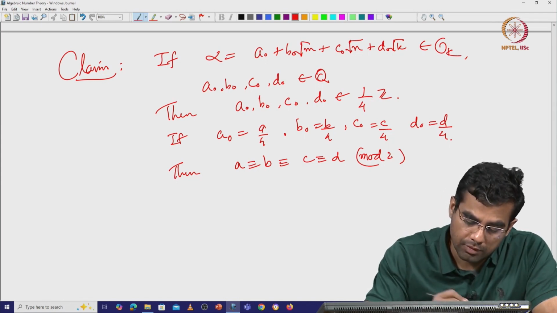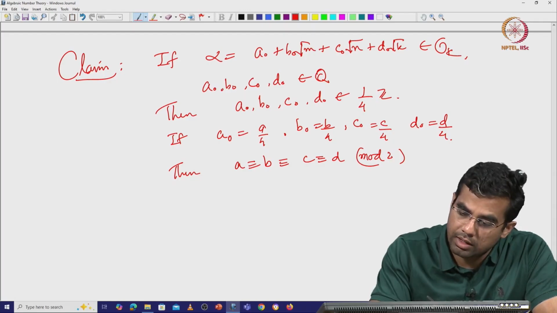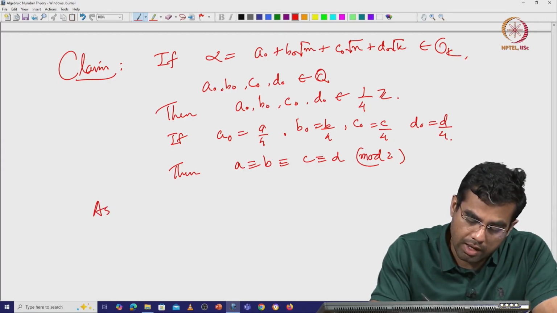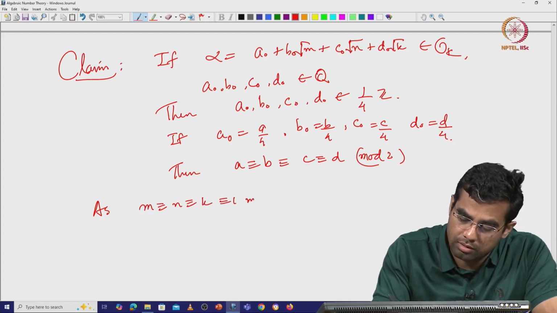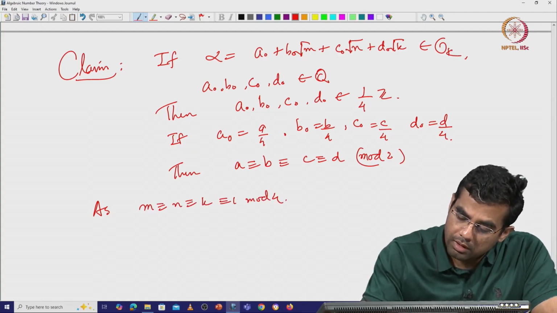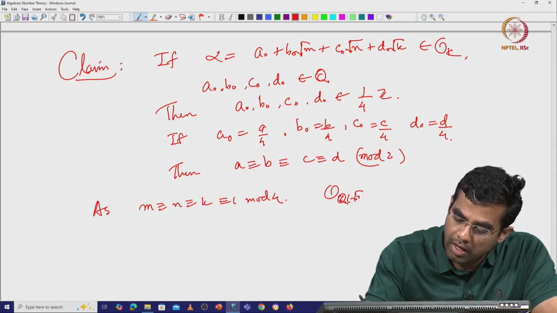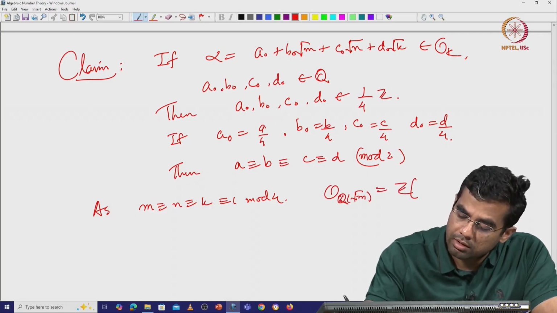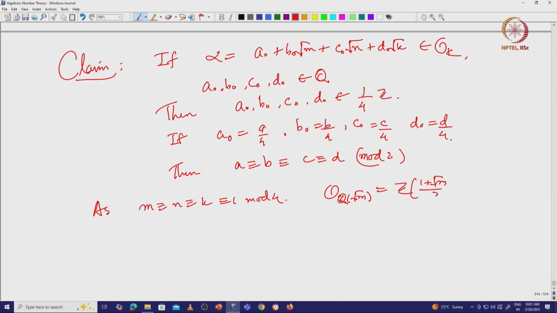What we know is that, as m is congruent to n is congruent to k is congruent to 1 mod 4, the ring of integers of Q(√m) is Z[(1+√m)/2], and similarly for Q(√n) and Q(√k).